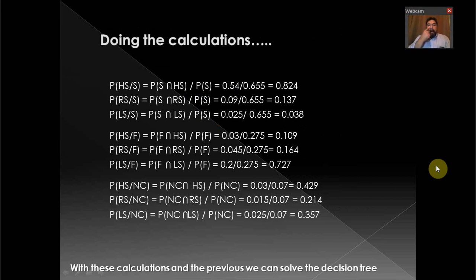When we apply the theorem, we get this calculation, and we have these probabilities for each of the branches of our decision tree. With this calculation and the previous ones, we can solve the decision tree.